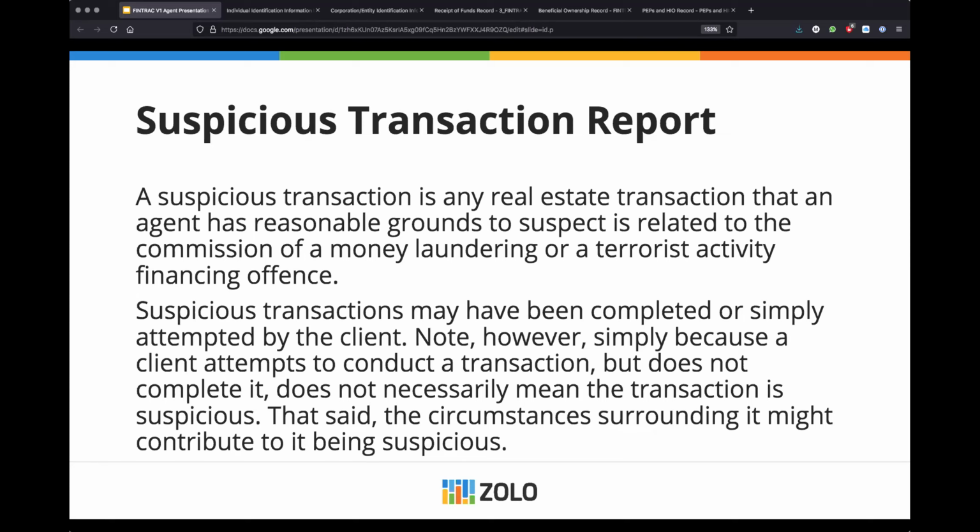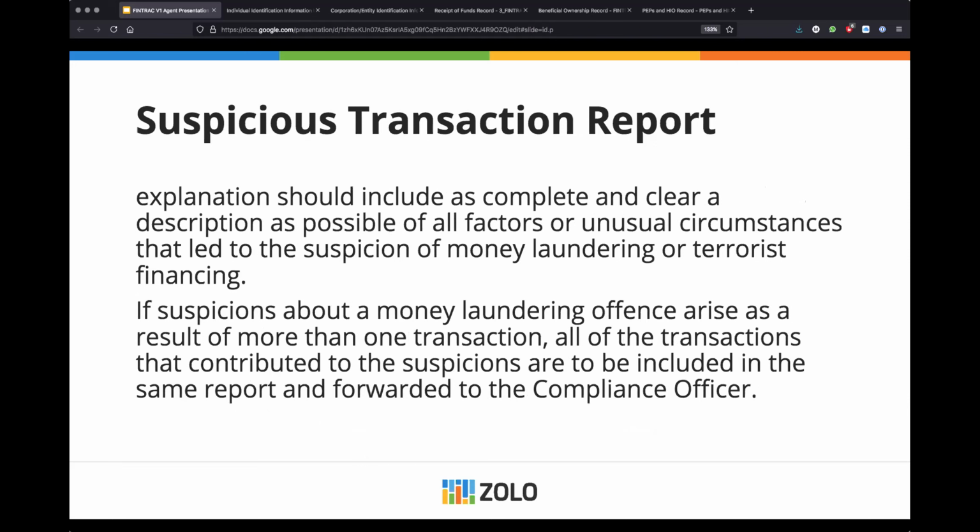There are some caveats here: simply because a client attempts to conduct a transaction but does not complete it does not necessarily mean the transaction is suspicious. Circumstances surrounding it may contribute to suspicion. When you are escalating a suspicious transaction to me, an explanation should be included, including a complete and clear description of all factors or unusual circumstances that led to the suspicion of money laundering.